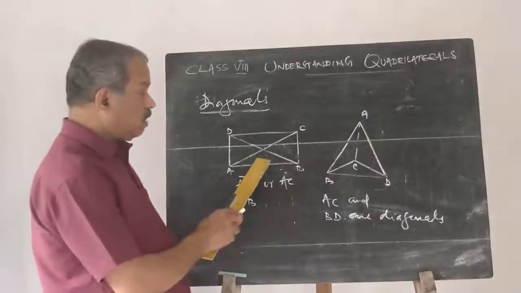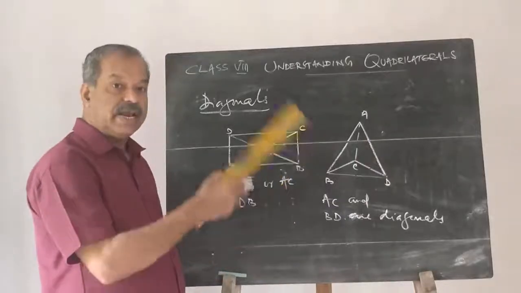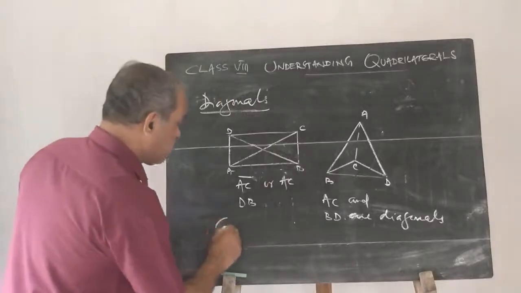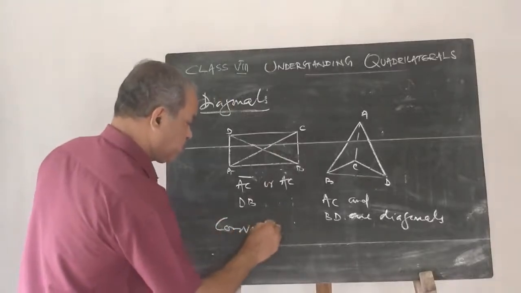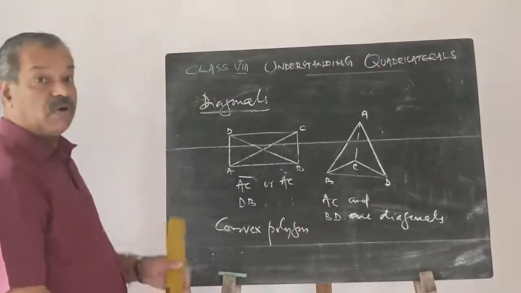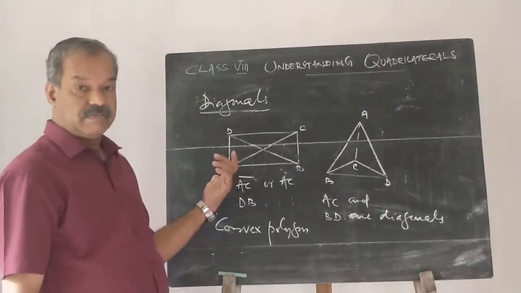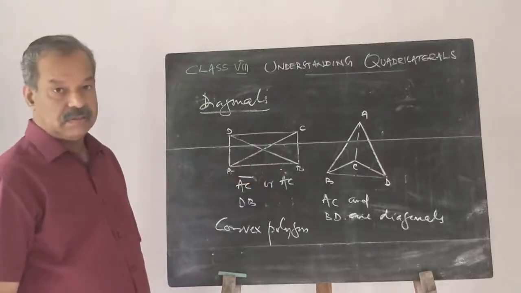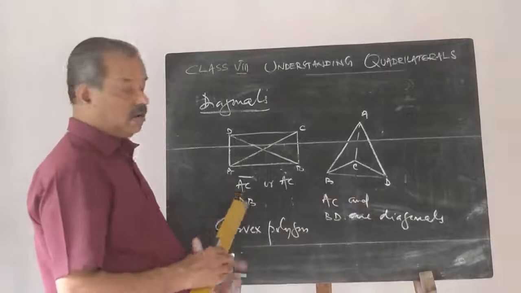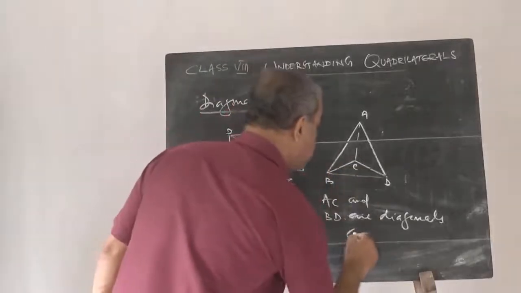So a polygon having all the diagonals inside the figure is called a convex polygon. If any one of the diagonals is outside the polygon, it is called a concave polygon.